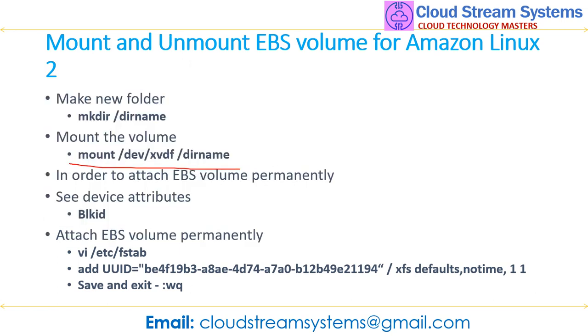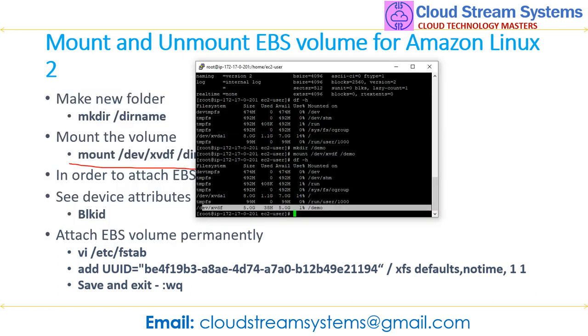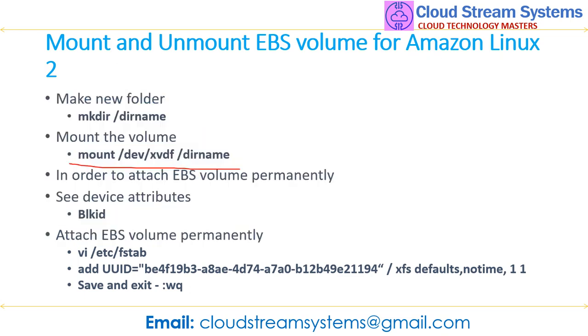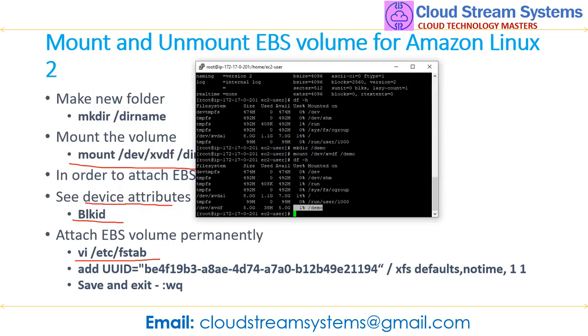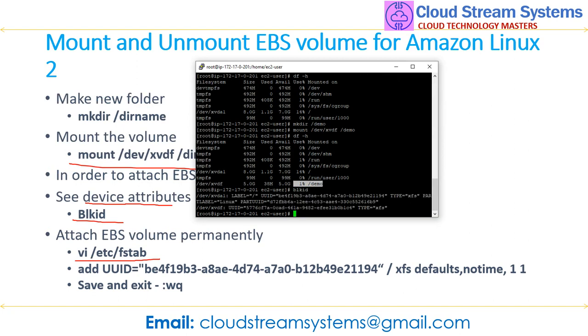But when you reboot your EC2 instance, you may face issues like it's not mounted permanently. So in order to mount this EBS volume permanently, you have to add it to fstab. In order to add it to fstab, you have to find out the device attributes. Let us see the device attributes with blkid.